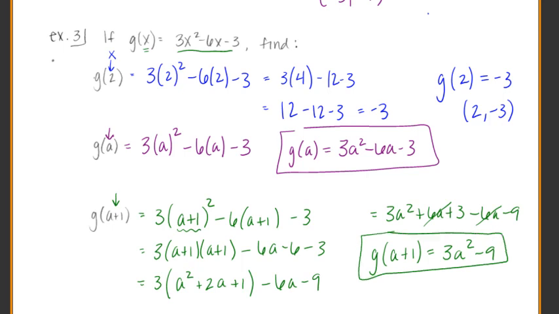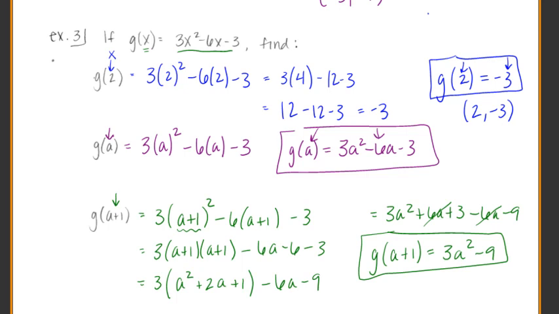Okay, so as a rule of thumb, let's look at this. Whenever I'm plugging in an actual number, a number comes out. When I plug in a variable, like here's an a, my answer is going to be in terms of the variable a. It's not going to give an exact number like 3 or negative 3 did in the first part. So if you're plugging in a number, expect a number to come back out.